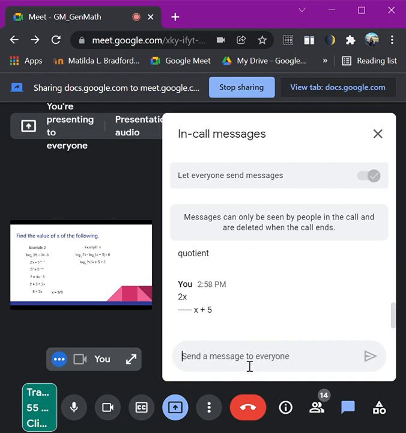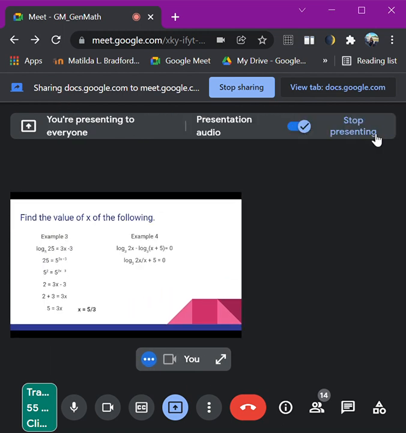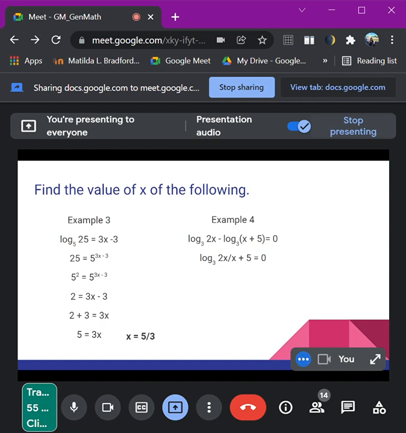So, you will have there, na-combine na siya using quotient rule. Now, what's the next step, class? I-change na nato siya into, unsa man na ato i-change niya?